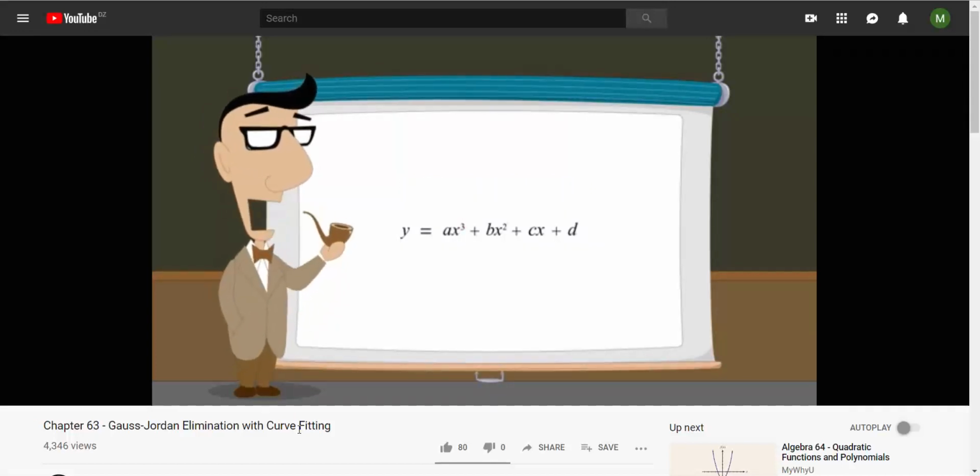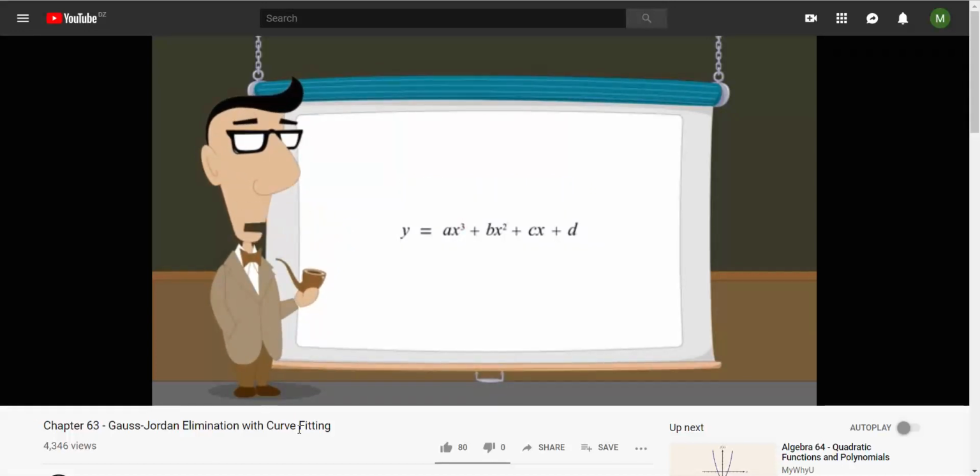In the real world, an equation like this might describe some sort of physical system.